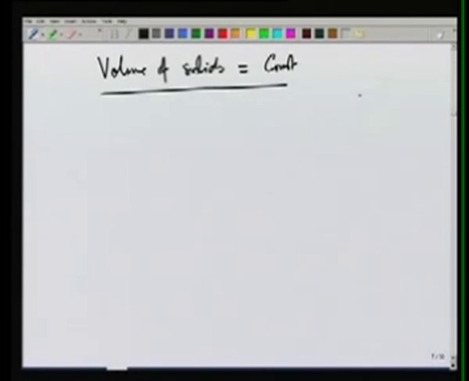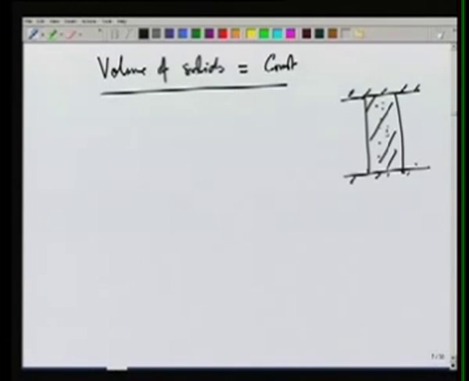So if we have an aquifer material here, no matter how the pressure is changing in this aquifer, water pressure and the grain pressure, the amount of solid material present in this area, volume of solids, which we typically say is Vs, it remains same because the grains are assumed to be incompressible.